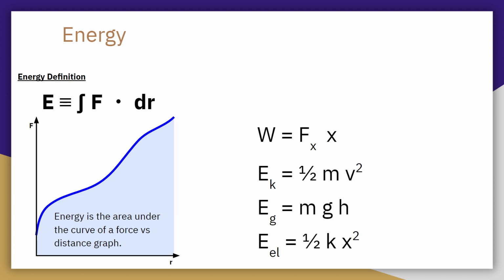The equations that we have from this definition: work is equal to F sub x times x. Our kinetic energy is equal to 1/2 times our mass times our velocity squared. Our gravitational potential energy is equal to mass times our gravitational field strength times our height. And our elastic energy is equal to 1/2 times our spring constant times the displacement squared.